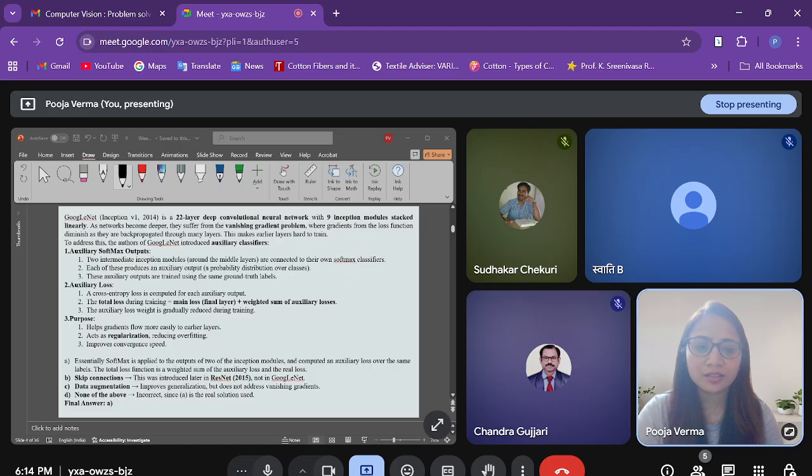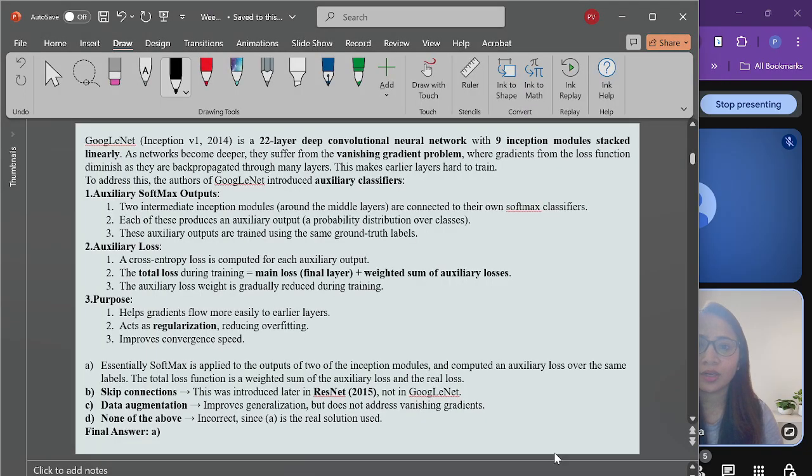To address this problem, the authors of GoogleNet introduced auxiliary classifiers. First, the auxiliary softmax outputs: two intermediate inception modules around the middle layers are connected to their own softmax classifiers. Each of these produces an auxiliary output, a probability distribution over classes, and these auxiliary outputs are trained using the same ground truth labels.